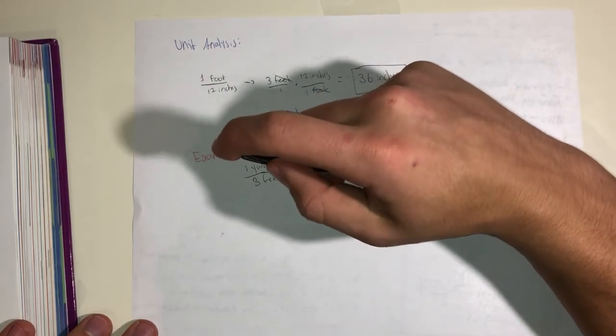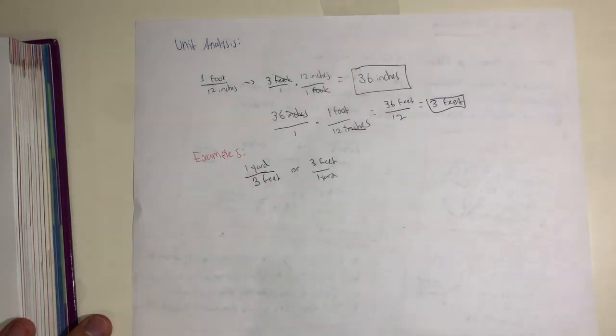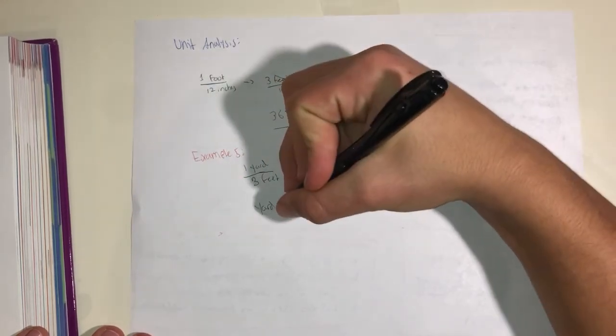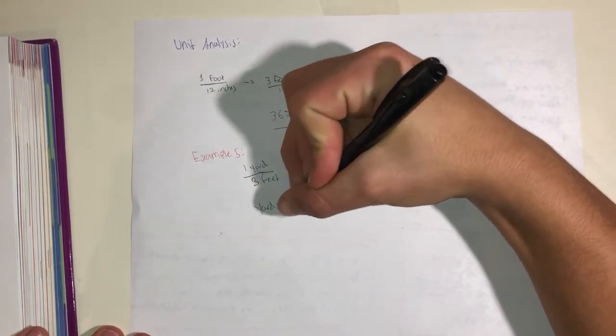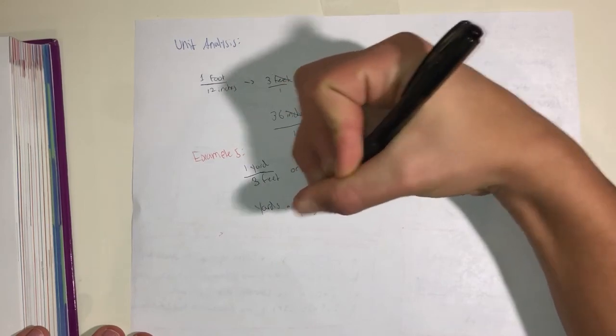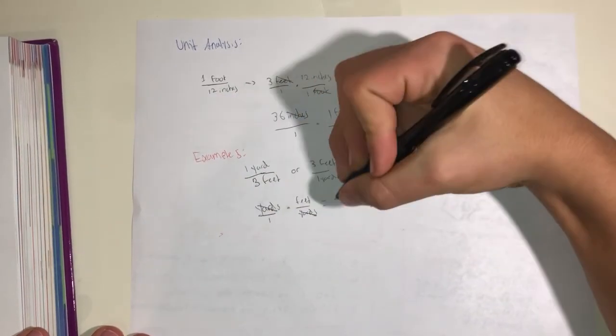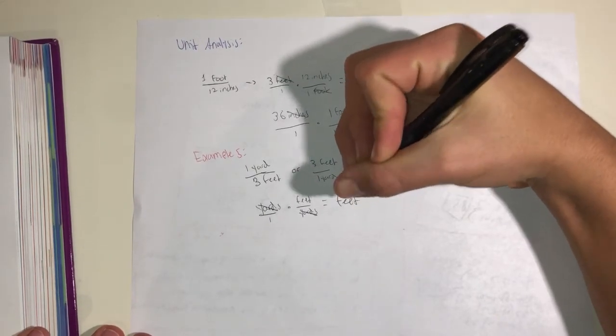So once we found this, unit analysis shows that a conversion factor that converts yards to feet has feet in the numerator. So if you want to convert something to feet, you have to have feet in the numerator and yards in the denominator. Because you have yards, you want to convert it to feet, you multiply by feet over yards. So this is over 1. When you cross multiply, these cancel, you end up with feet.